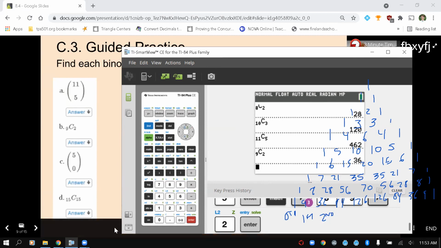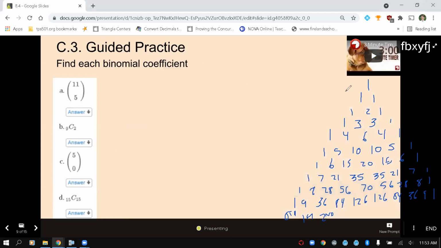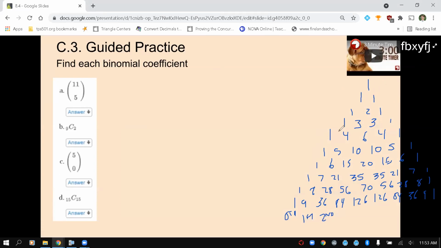You should have gotten 1 and 1. And notice that if you draw out your Pascal's triangle, 0, first, second, third, fourth, 5, 6, 7, 8, 9th row, the 0, first, second number is really 36.